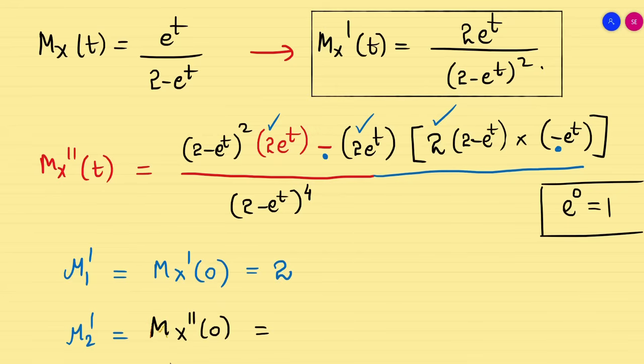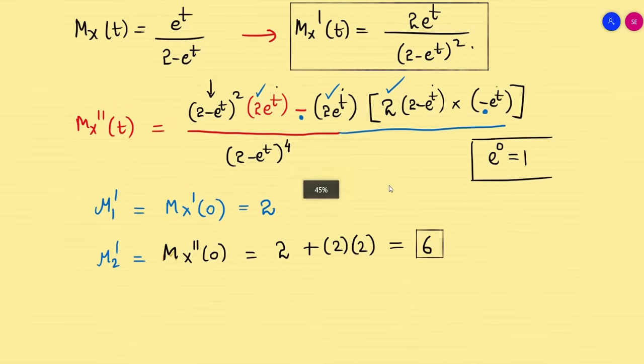In the first term, I'll be having 1, 2, minus into minus plus. Second term, I'll be having 2 2's. So when I put t equal to 0, this is 1, 1, 1, 1, 1. So it's going to be 6 guys. 4 plus 2, 6.